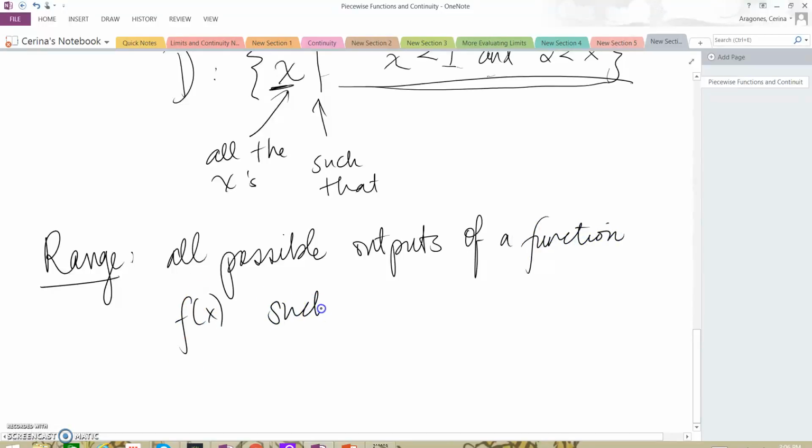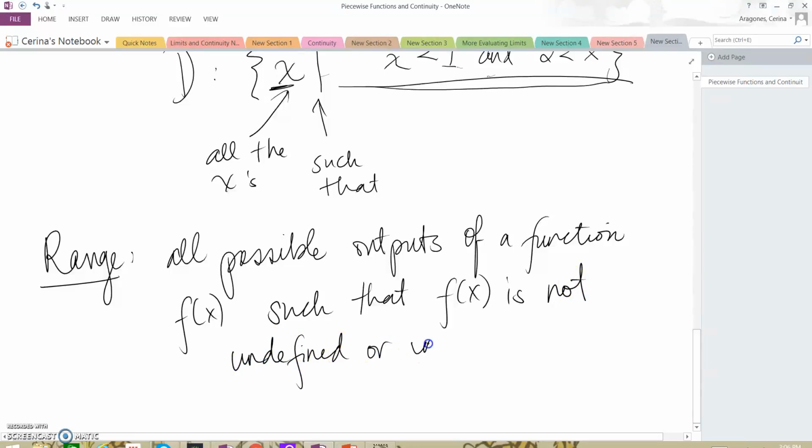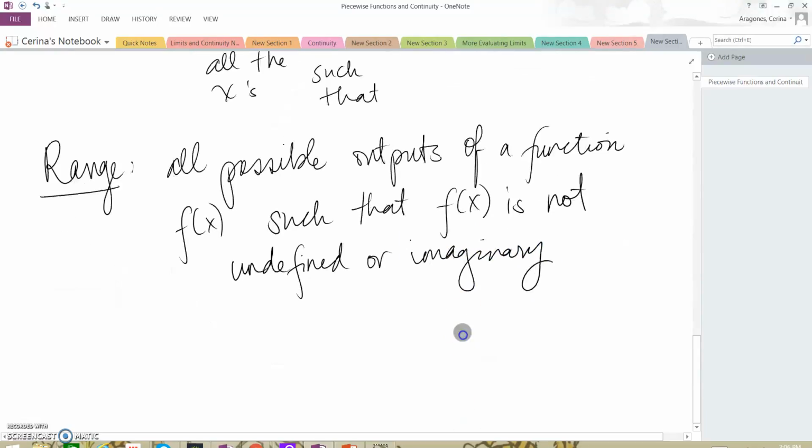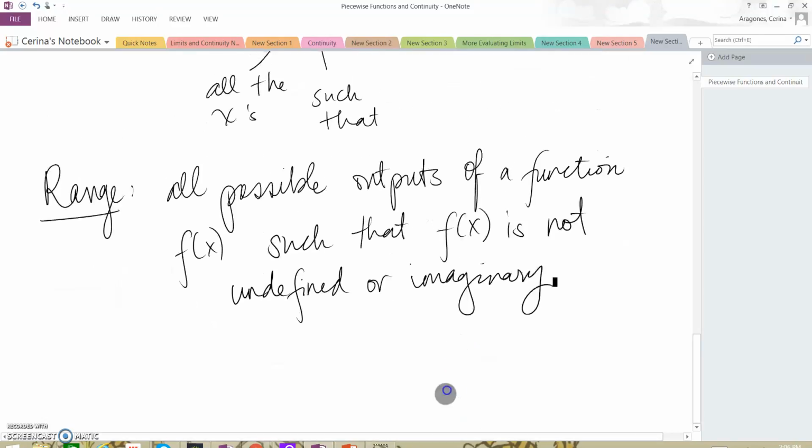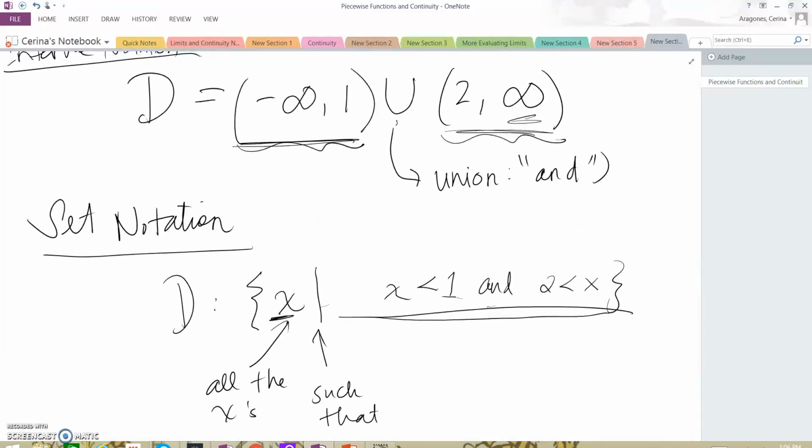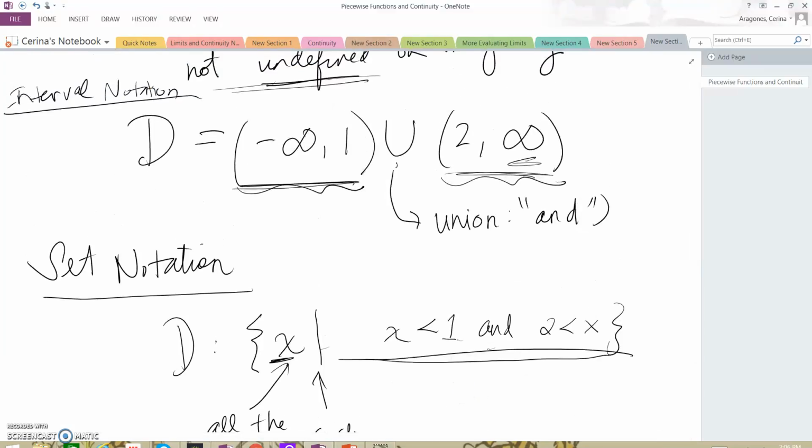Such that, again, we don't want f of x to be undefined or imaginary. Okay? So again, we don't want an undefined number or an imaginary number. You can also write range with interval notation and set notation.